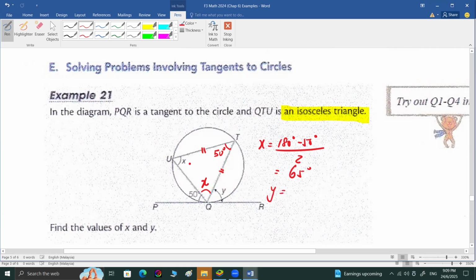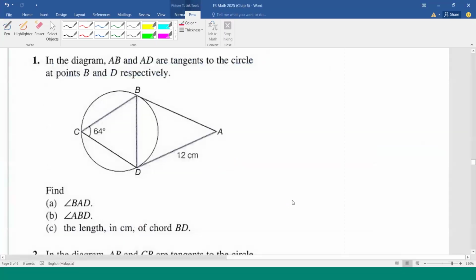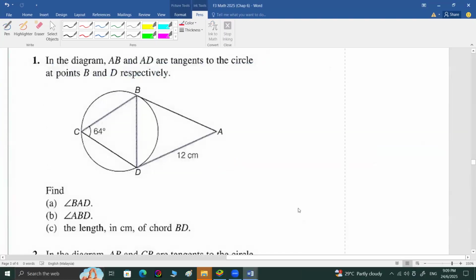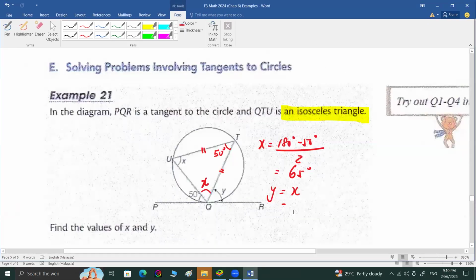No need, go direct here, although you can get 180 minus 50. You can get direct, can you see? So you can explain that Y is equal to X, that is 65. Or just how you mentioned, to get Y is 180 minus these two. It's the same, it's okay. You can do like that also, okay now?